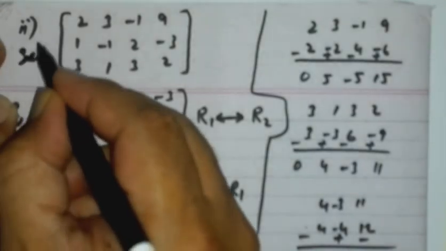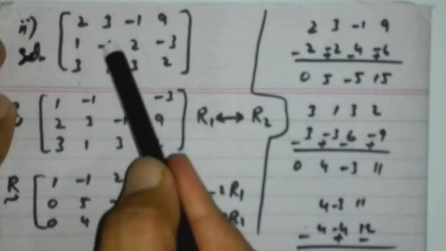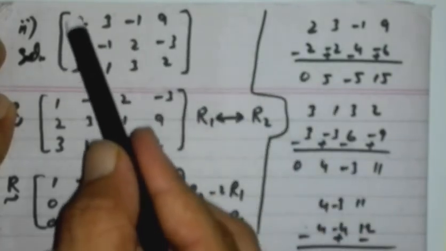Part second, change into the reduced echelon form solution. This is the matrix. First of all, interchange these two rows, so we have changed row first with row second.